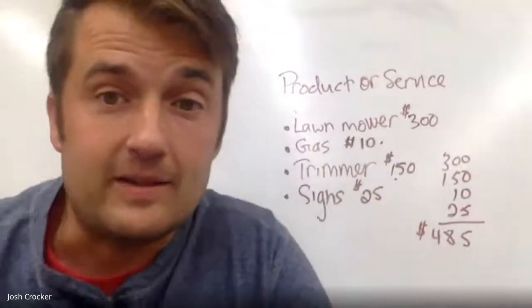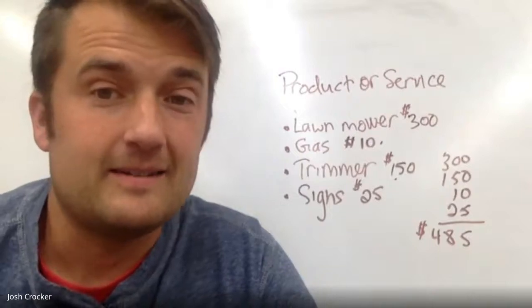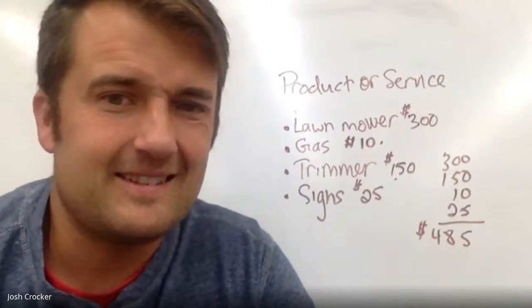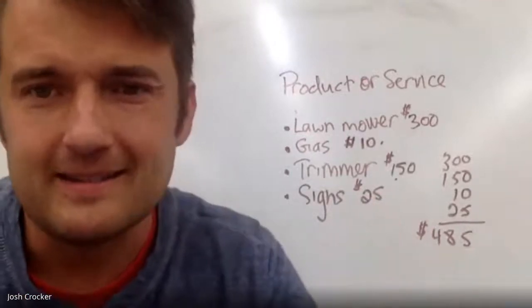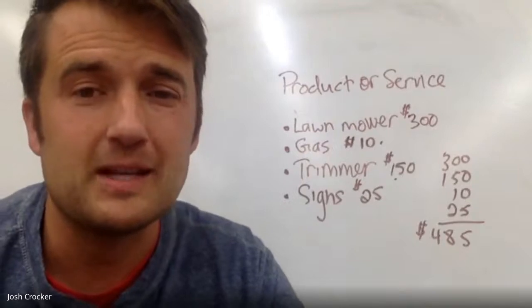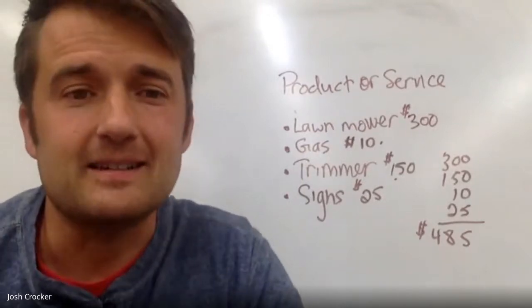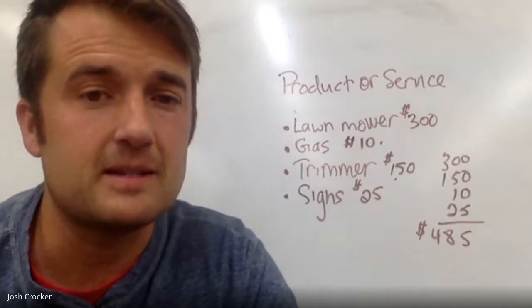Okay. So that's my startup cost, right? And this isn't exact because like gas, $10, that's like $10 a day. Whereas lawnmower is just something I'm buying once. But I want you to get an idea of the expenses it would take to start up this business.